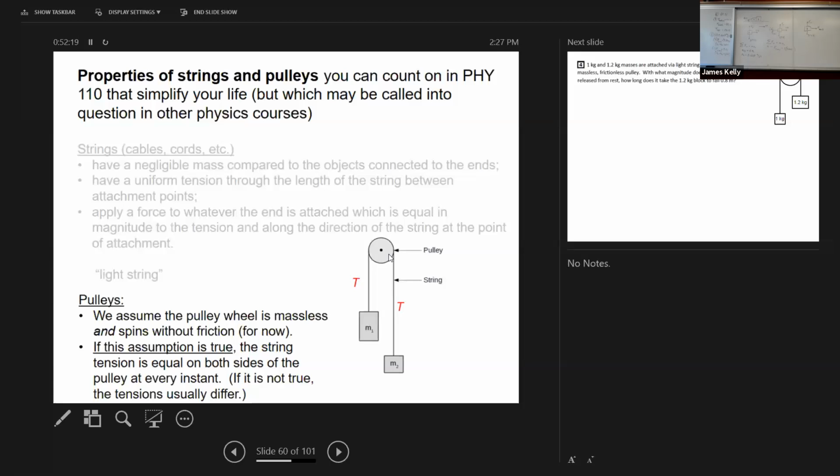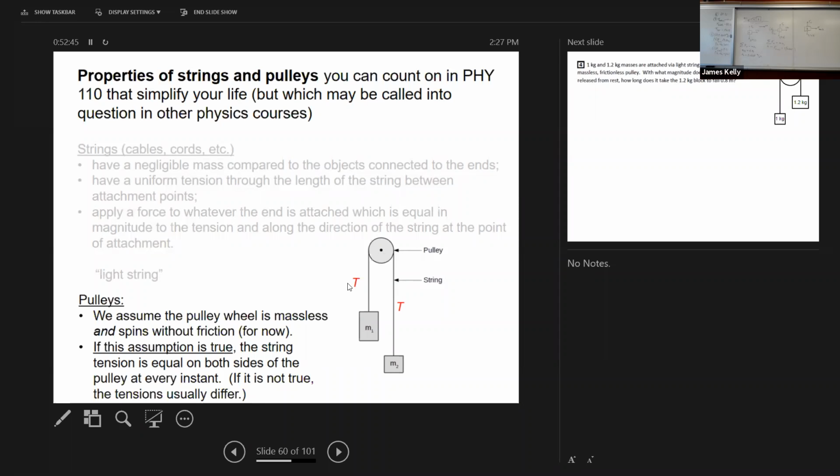I push on one side with a bigger force than I push on the other side with my fingers. It's going to immediately start moving away from the bigger force side. That's going to cause my finger on the other side to exert a bigger force, and the one it's running away from to exert a smaller force, until they balance. So it's going to be hard not to balance in that case.